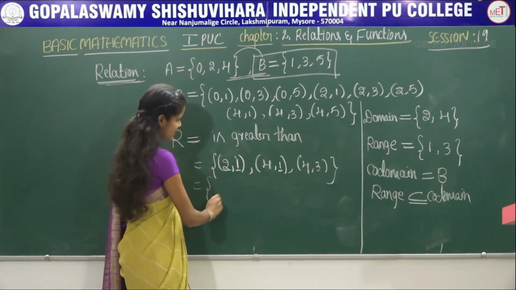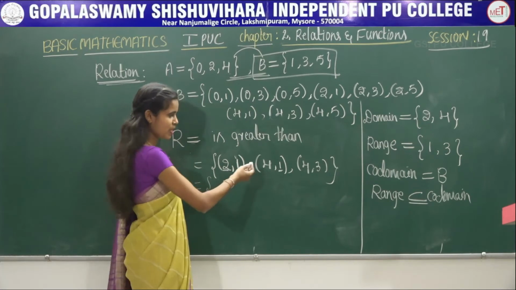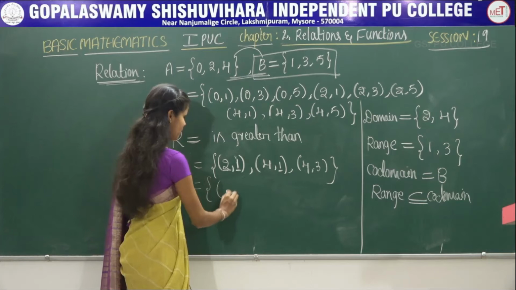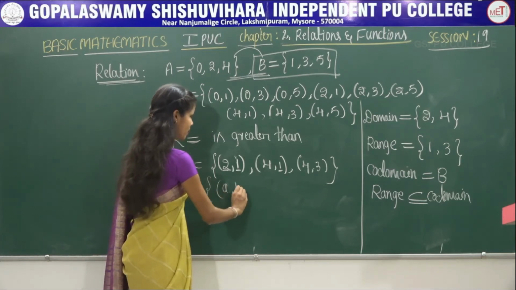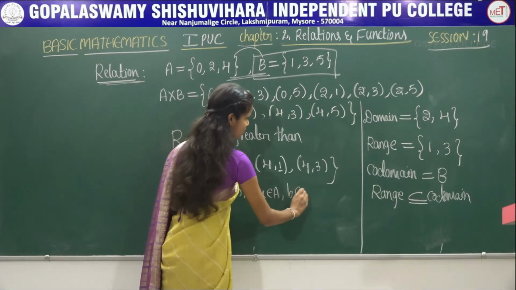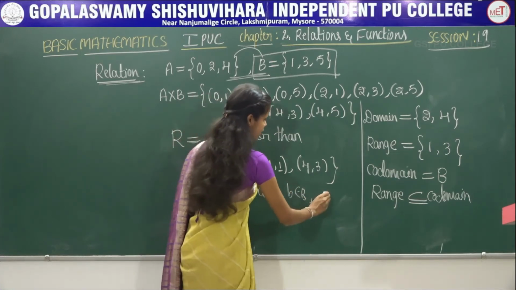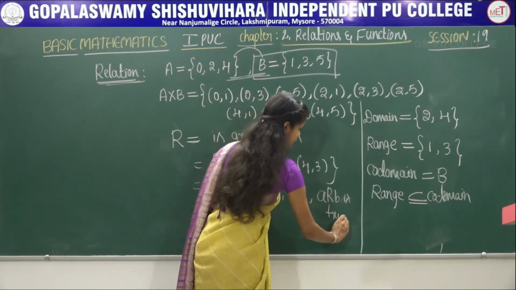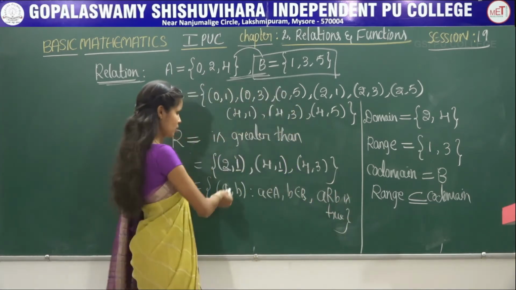In set builder form we represent all the elements by a general element, stating their characteristic property. Here generally we denote it by a, b such that a belongs to A, b belongs to B. The characteristic property is that a is related to b is true.